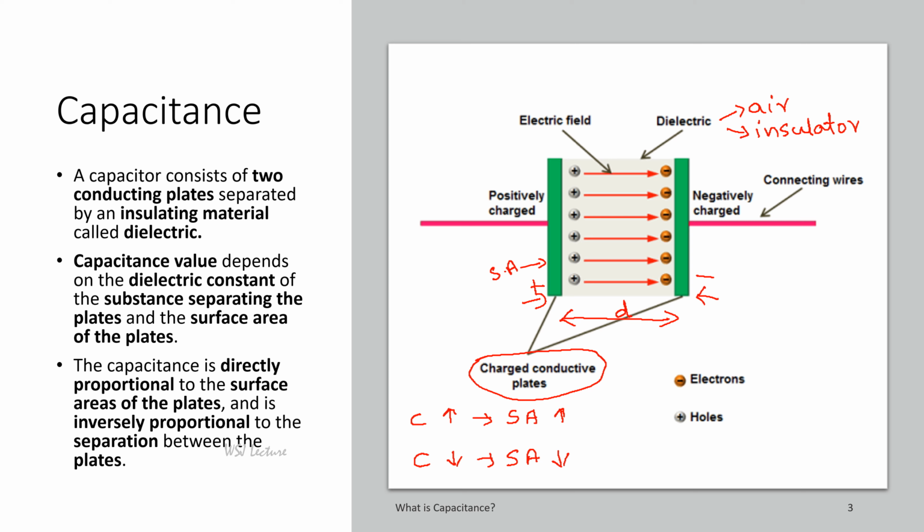Similarly, the capacitance value will increase if the gap between the plates, that is the distance d between the plates, decreases, and the capacitance value decreases if the distance between the plates increases. So that's why the capacitance value is directly proportional to the surface area of the plate and inversely proportional to the separation between the plates.